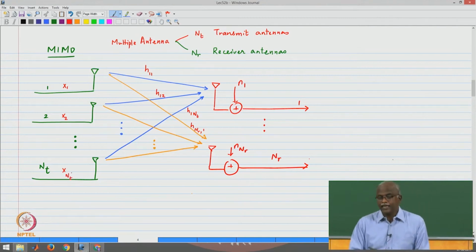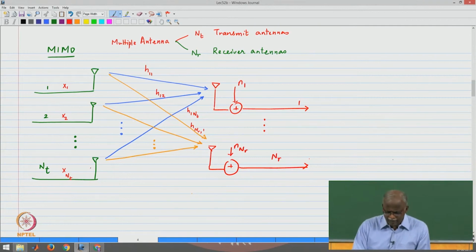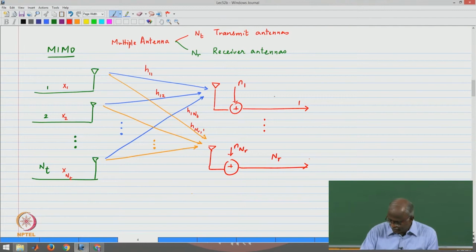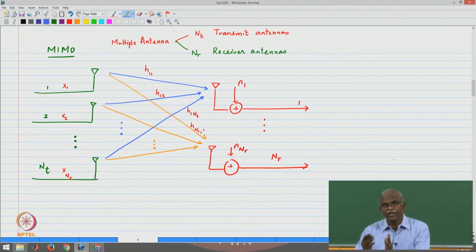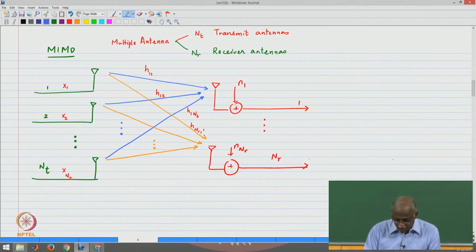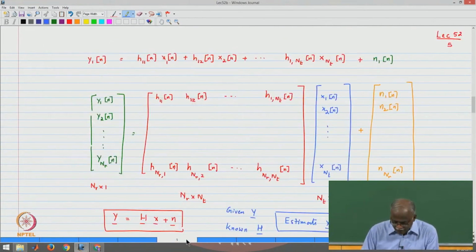Notice that each of these antennas is transmitting different symbols. Each of these transmissions is received by the NR receive antennas, and we are now required to process this information to identify what were the symbols that were transmitted on the transmitter side. So, we would now like to go into this subject a little bit more in detail.